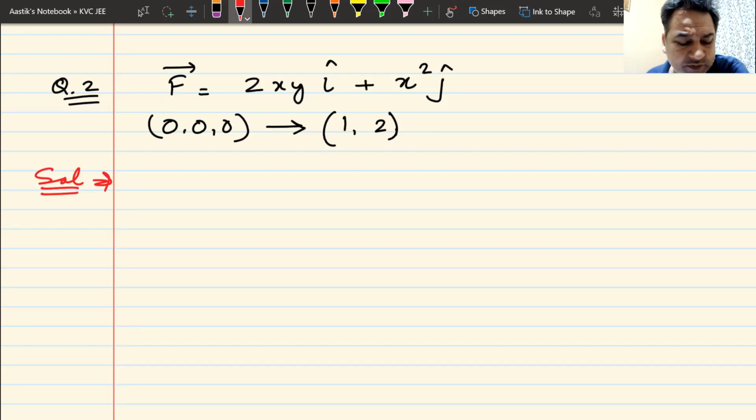Anyone has the answer for that one? Has anyone checked whether this force is conservative or not?